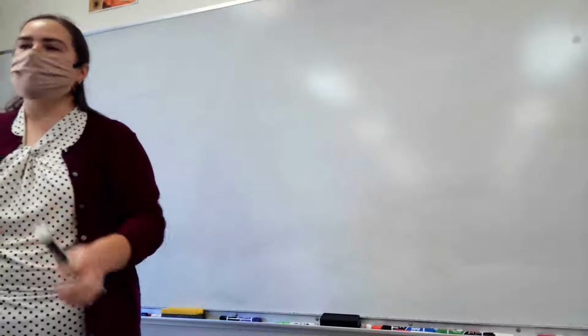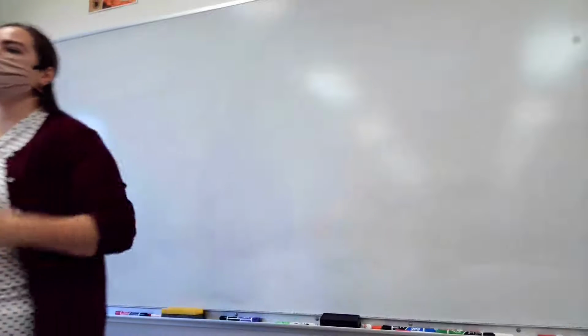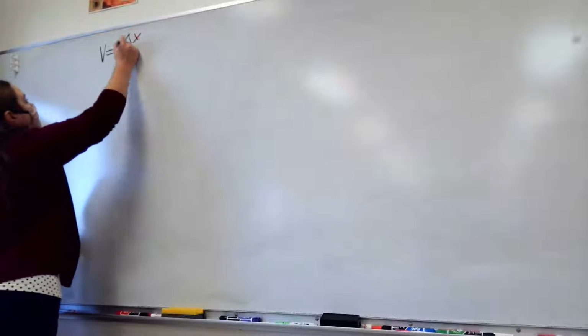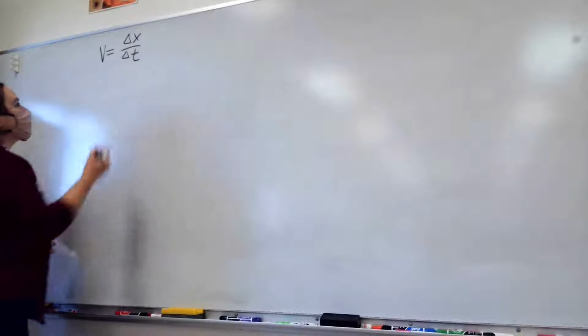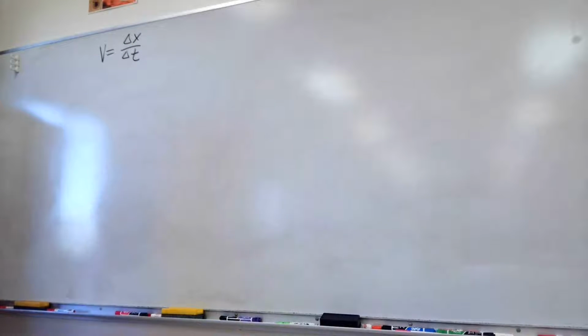All right. So for this, we are going to start with one of our old equations. So you can see that some of it is very similar. So we're going to start with the velocity equation this time. And what we want to solve for is final position, because we want an equation that will tell us where we are if we have an acceleration. Okay? Because we don't have one of those yet.